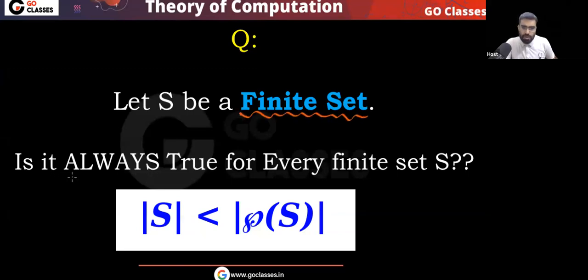Is it always true for every finite set that the cardinality of S is strictly less than the cardinality of the power set of S? What is the power set of S?